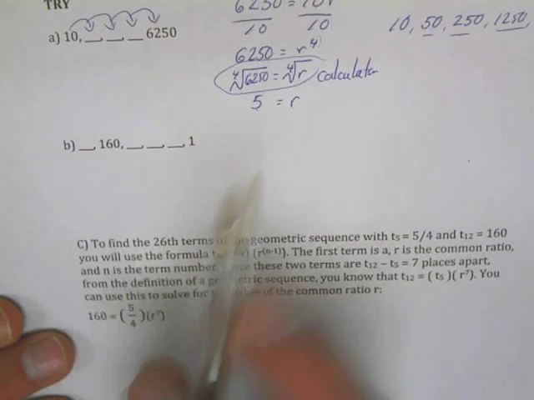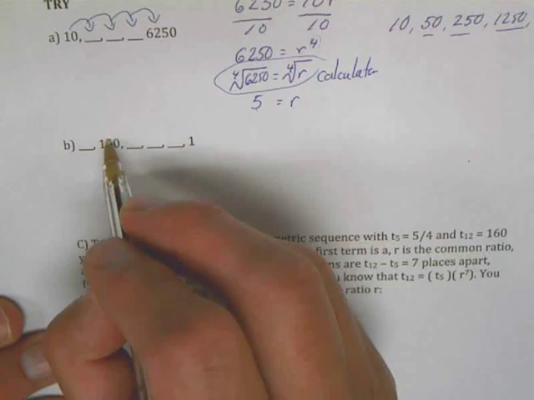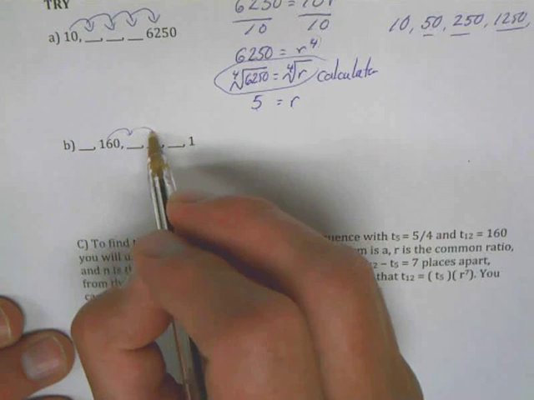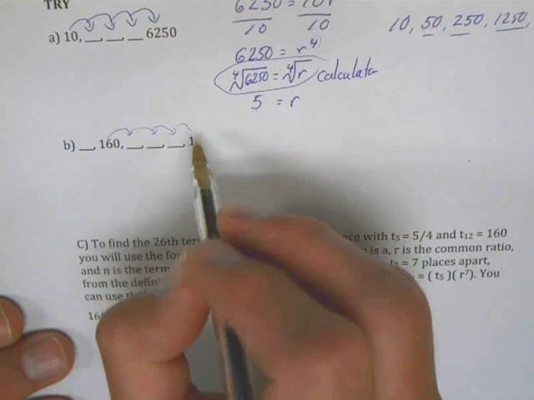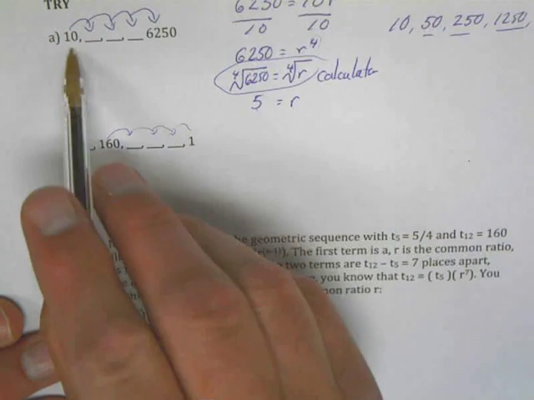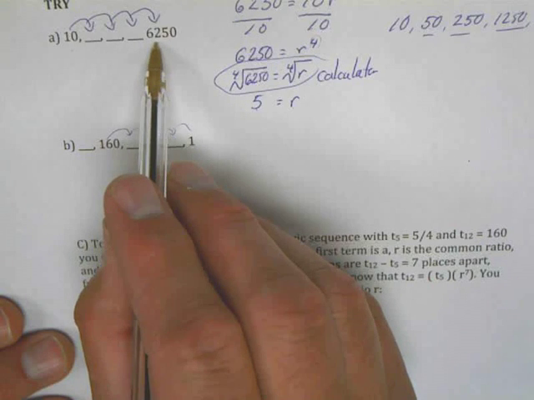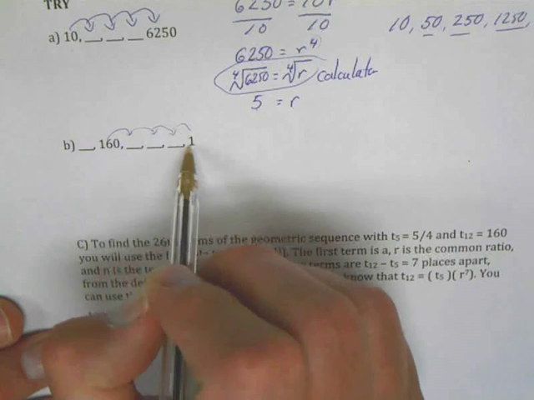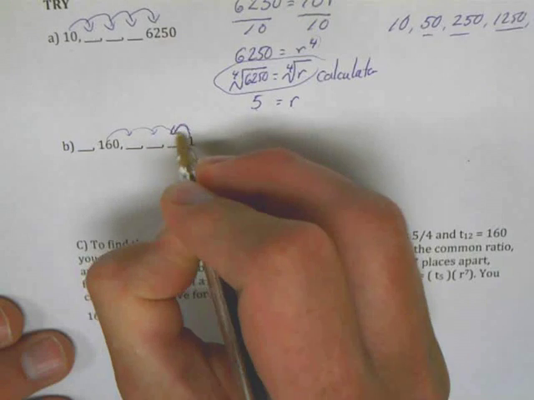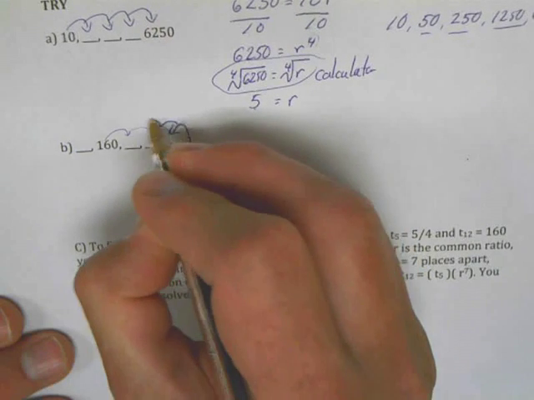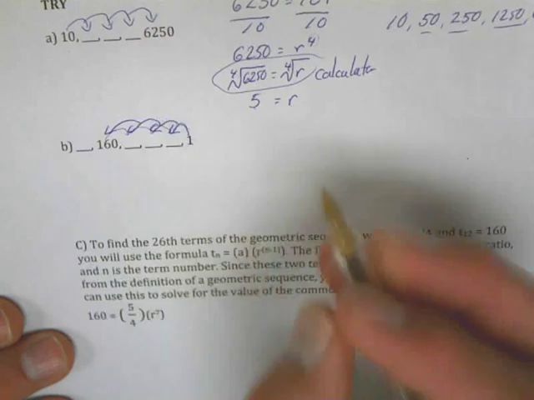Same thing here. Here they're going this way, but I'd rather go up, because when I went from 10 to 6,250, I multiplied. So I want to go from 1, and I'm going to go backwards, but I'm still going to go up.